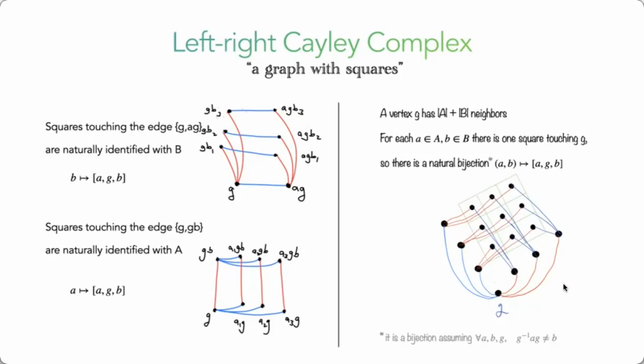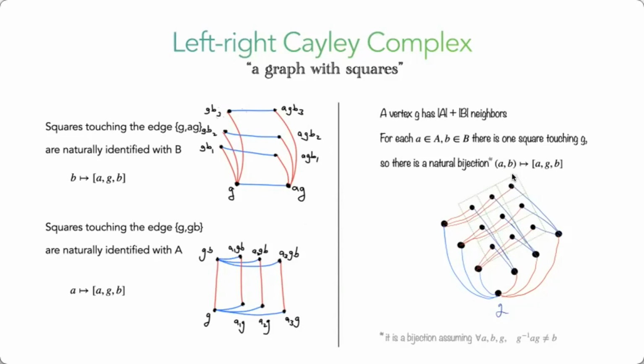So, it requires some staring at it, but the thing to take away is that if you fix G and you vary the different A's and B's, what you get is like a table of A cross B different squares. For every choice of A and B, you have a square.